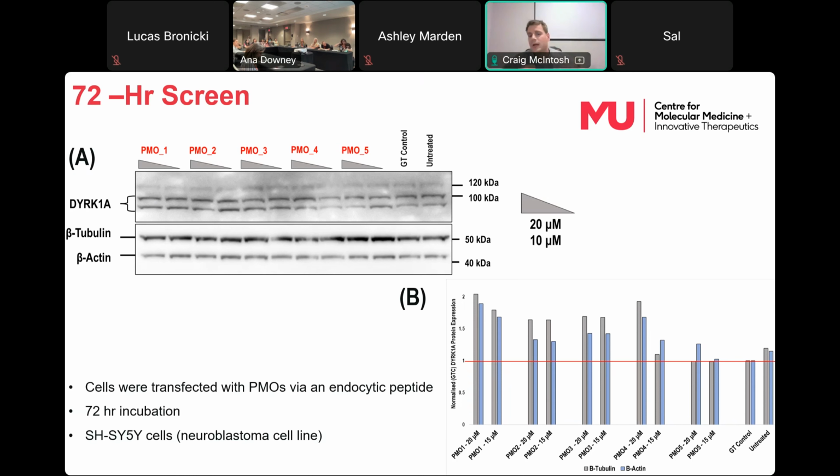They account for different loading. If you only looked at one gene, you wouldn't know whether you added different amounts of that protein, so you need to use other proteins to ensure that it's been loaded evenly. You can see that we are getting an increase of up to twofold after incubating them for 72 hours, and then we collect them and extract the protein.